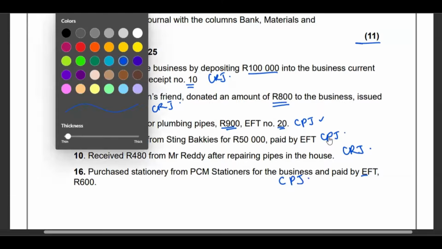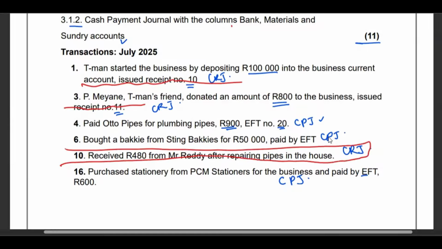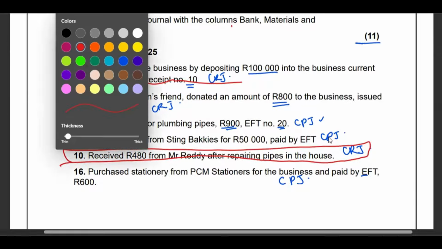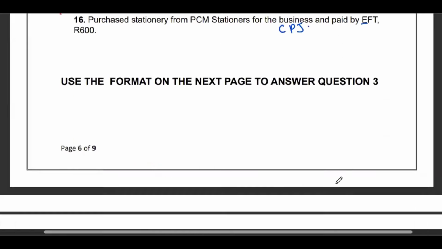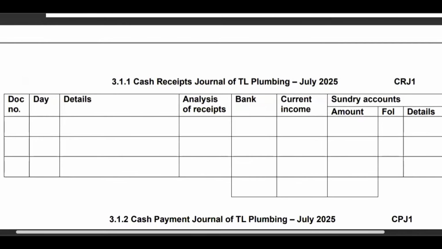Okay, so let me just use the red for the CRJs. Okay, we also have another CRJ somewhere here. And then let's keep the blues for the CPJs. All right, so then let's go to the table and see. So with the cash payments, let's see.